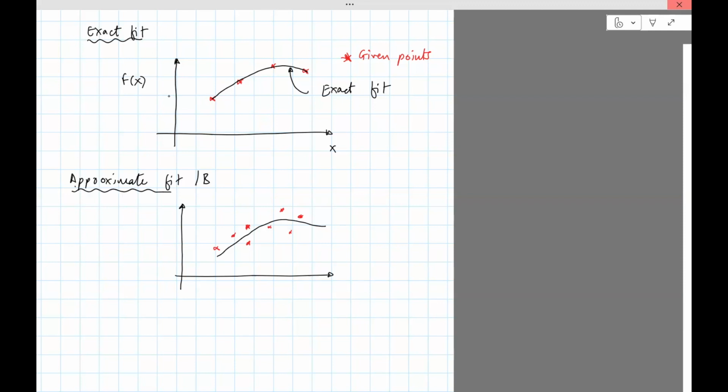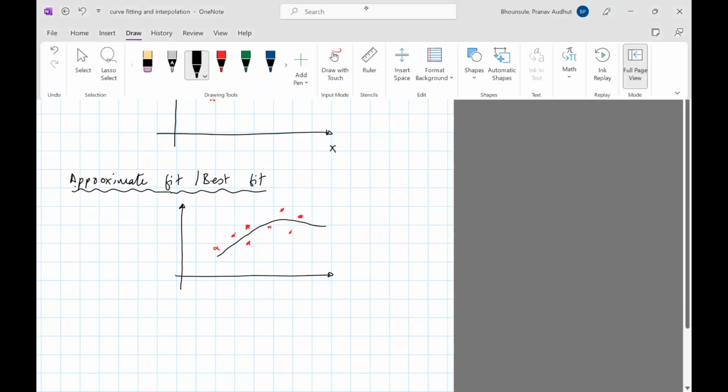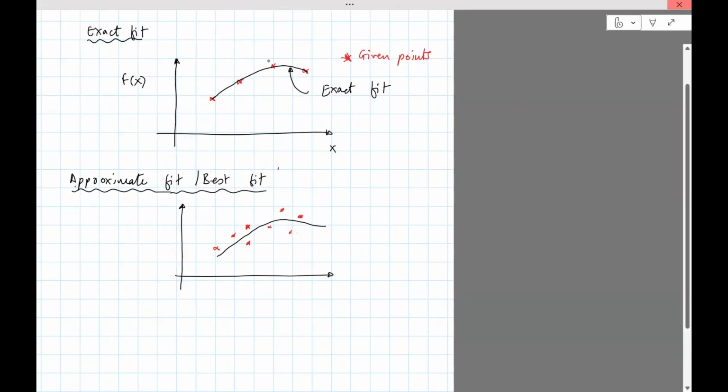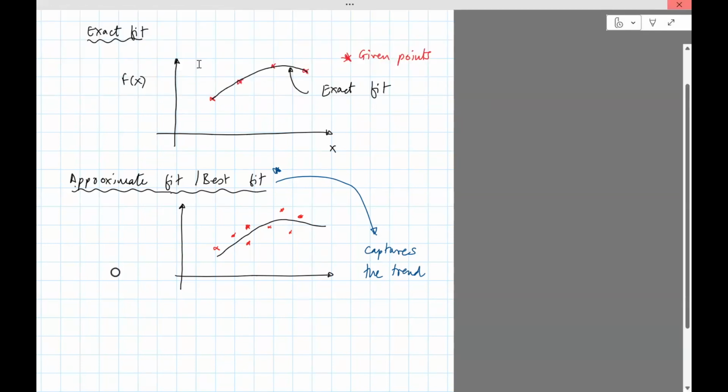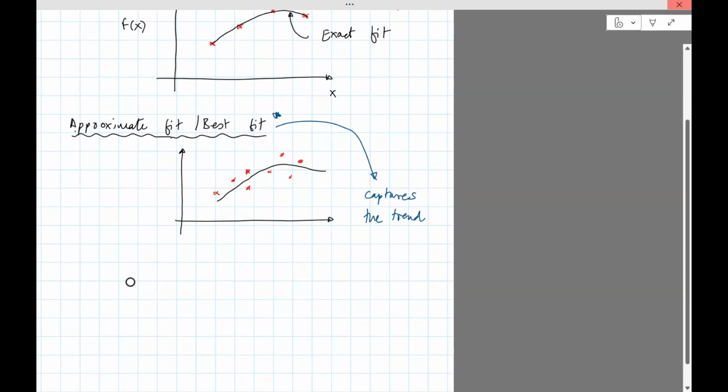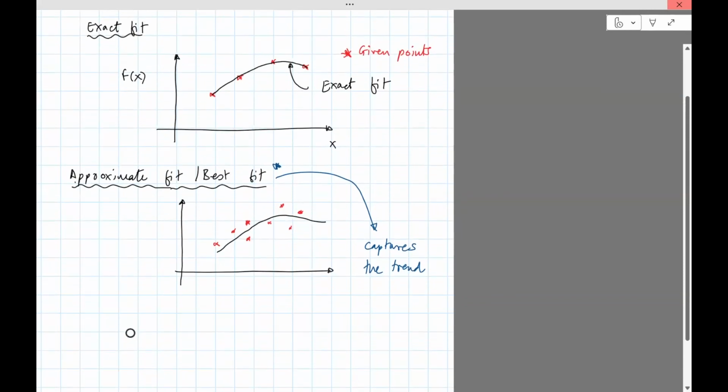You could also call that best fit. So this is a line which captures the trend, but it doesn't quite pass through all the points. So we'll talk about both these fits in this particular chapter.